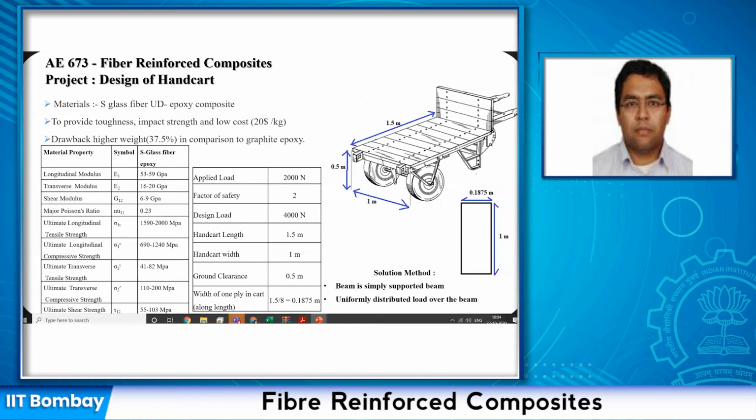Glass fiber is also cheaper. It costs around $20 per kg, in comparison to graphite epoxy costing around $110 per kg. So we are designing it mostly for normal human use, not for any aerospace application in which the load is more.